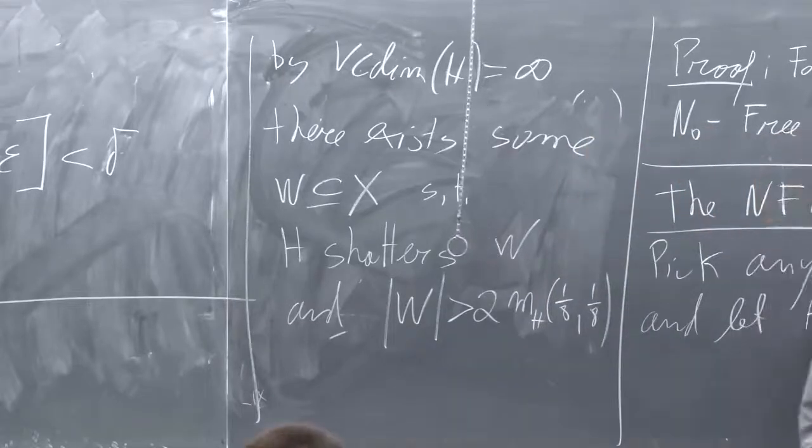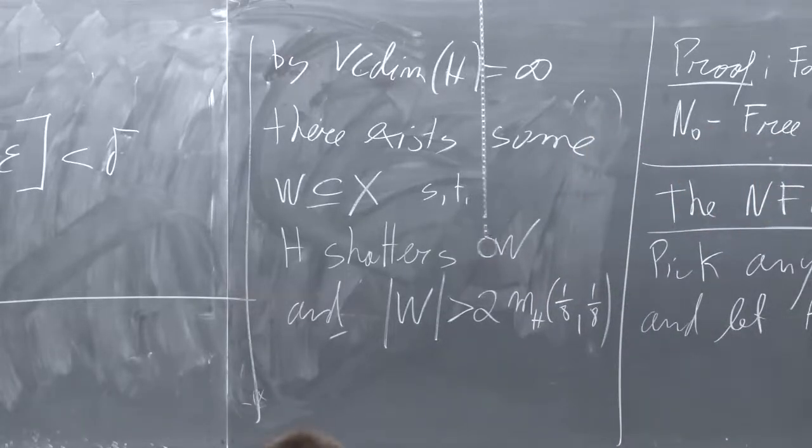If the VC dimension is infinite, then I'm shattering arbitrarily large sets. That's the definition of infinite VC dimension. There is no upper bound on the size of shattered sets.